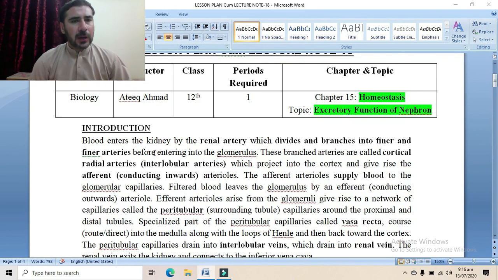Then these arteries further divide and redivide to form the afferent arteriole, which supplies blood to the glomerulus. The glomerulus is actually formed from the afferent arteriole itself. The afferent arteriole divides and subdivides into fine capillaries, and this tuft of capillaries is known as the glomerulus.